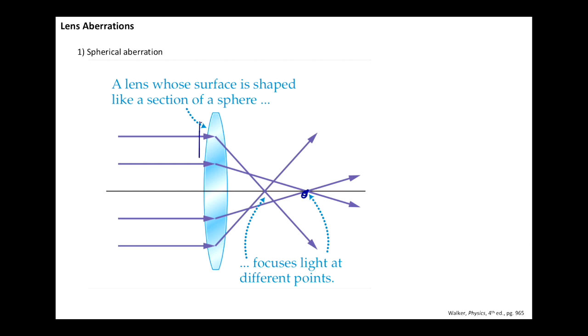So you want to restrict this a little bit so that the light that hits the lens is closer to the principal axis to get everything hitting the same focal point. This is known as spherical aberration. You've either got to shape the lens a little bit differently or restrict the light that's incoming to make sure that you get light focusing at the right point.